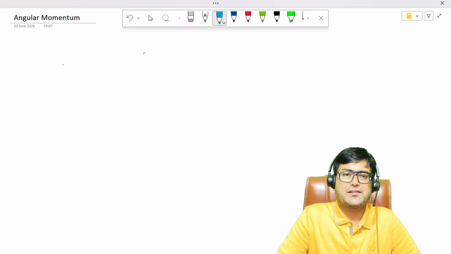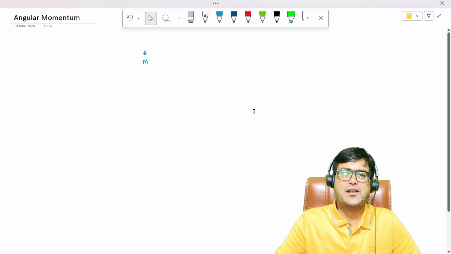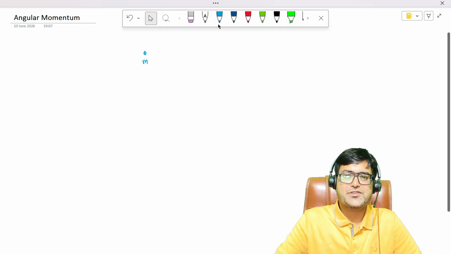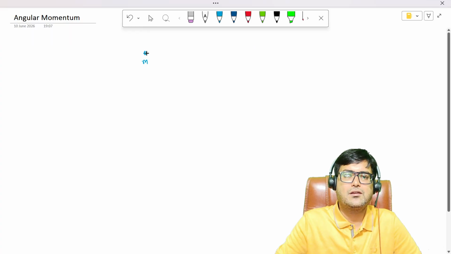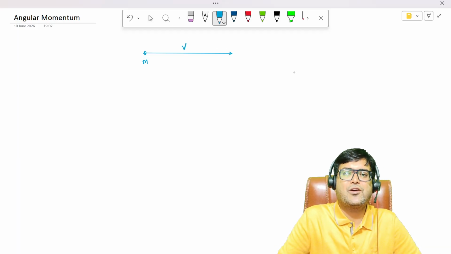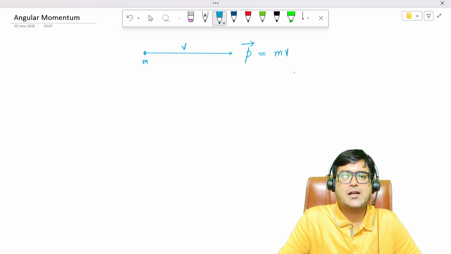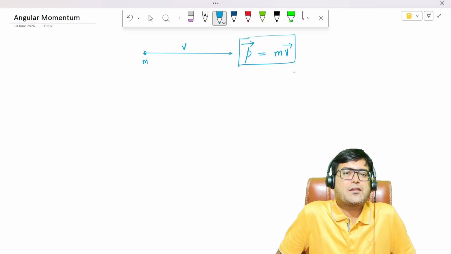If a particle has some mass m and it's moving in a straight line with some velocity v, then of course it has linear momentum, or what we call momentum normally. And that momentum is nothing but the mass times the velocity, right? This is a clear-cut case of linear motion.